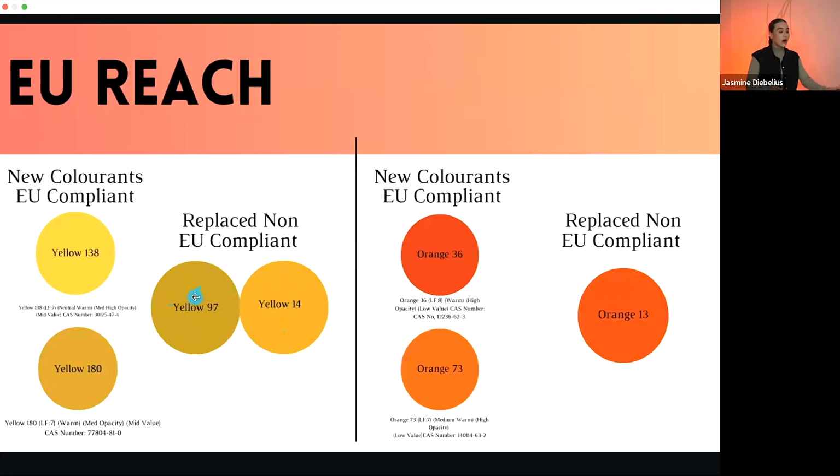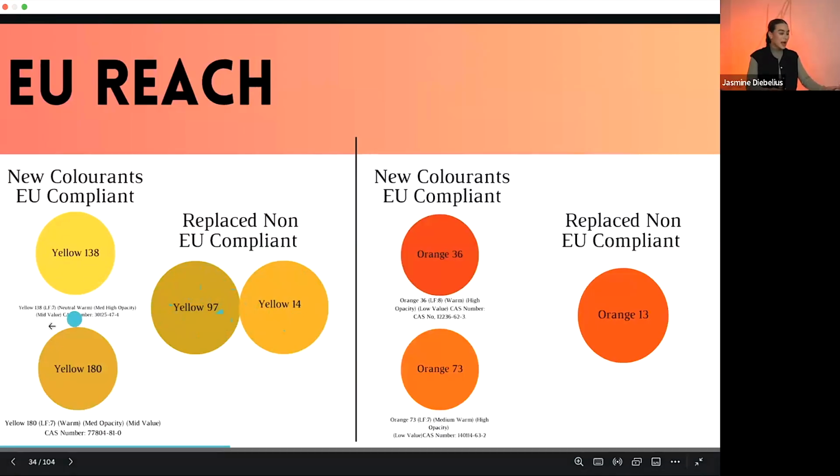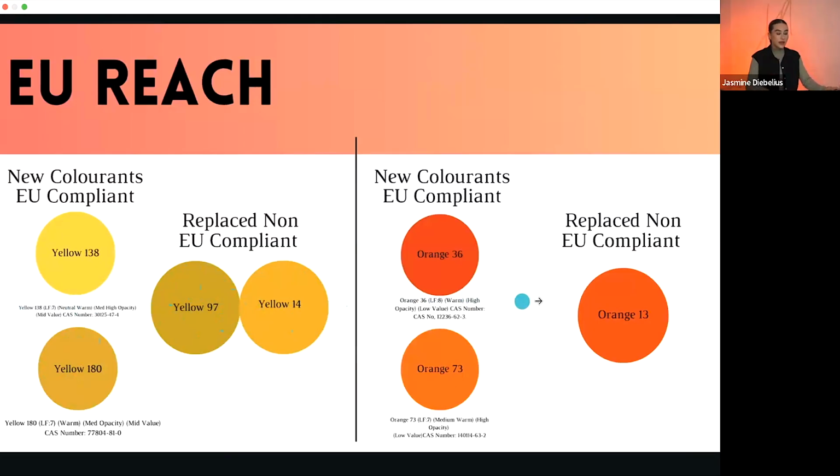These have been taken out and cannot be used in Europe, and they've been replaced with colors like yellow 138 and yellow 180. If you are in the EU, you will see these colorants instead. And for your oranges, orange 13 has been taken away and replaced with orange 36 and orange 73.